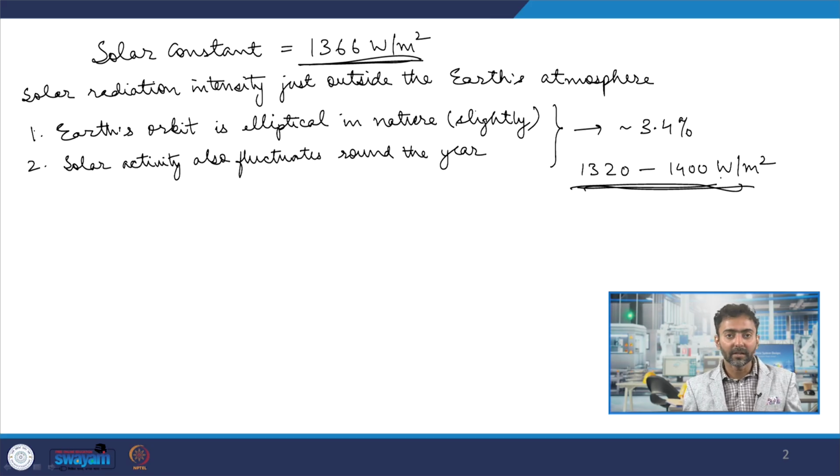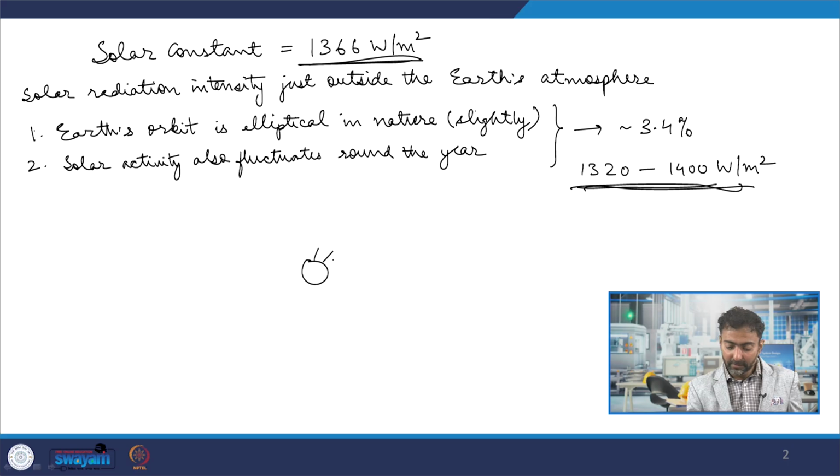Like for us in India, January is the winter season and we have a lot of fog and the radiation intensity is actually lower, whereas June and July is the summer season and monsoon season and intensity is relatively higher. So for that we need to understand a little bit in terms of the orbit of the earth and the tilted axis of the earth.